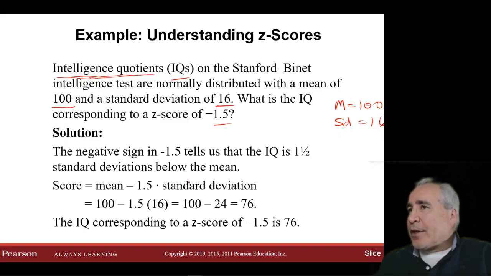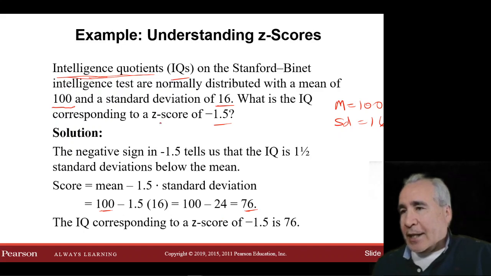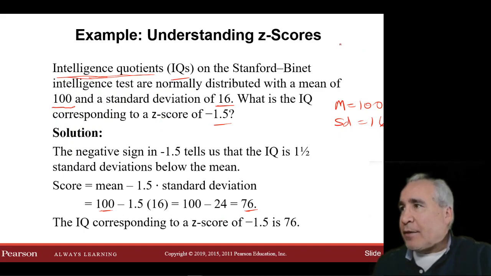They're going to walk through this. Since you've got it all here, you would take your mean plus the z-score times the standard deviation, and that gives us an IQ score of 76.